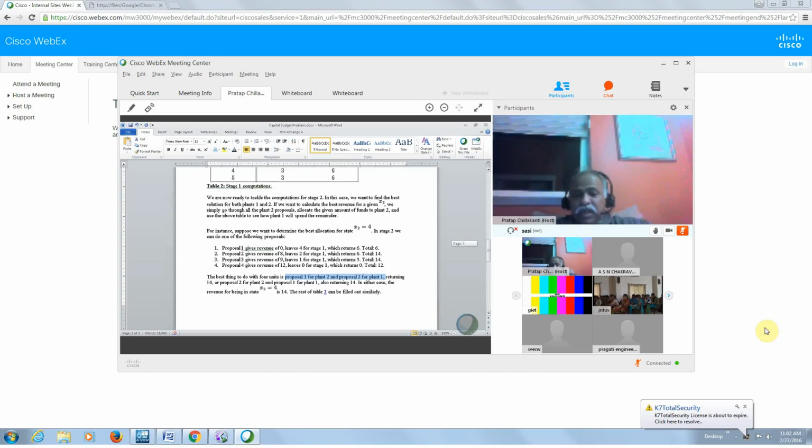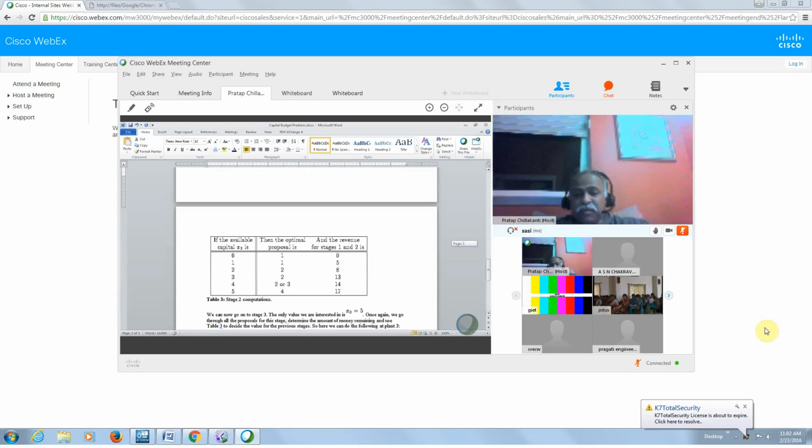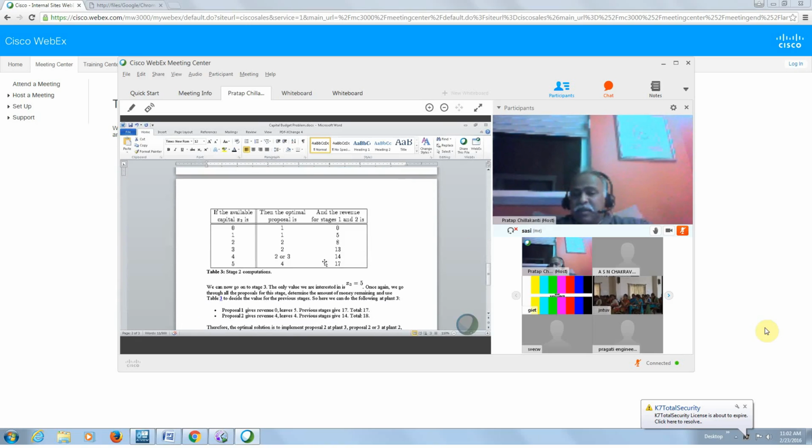So once you fill that out, you fill out a similar table here. Then we go to stage 3. That means whatever has been allocated for 1 and 2 is done. Only the remaining would be there. Now again you go through all the proposals here, see the amount of money remaining, and use table 3 to decide the value of the previous stages.